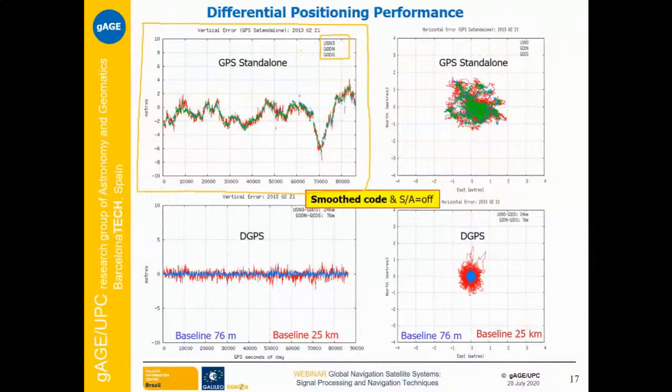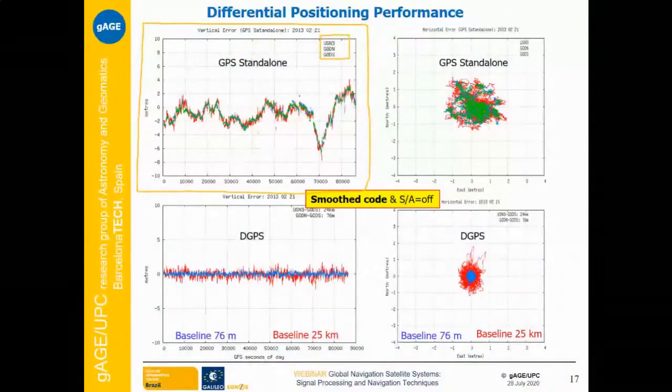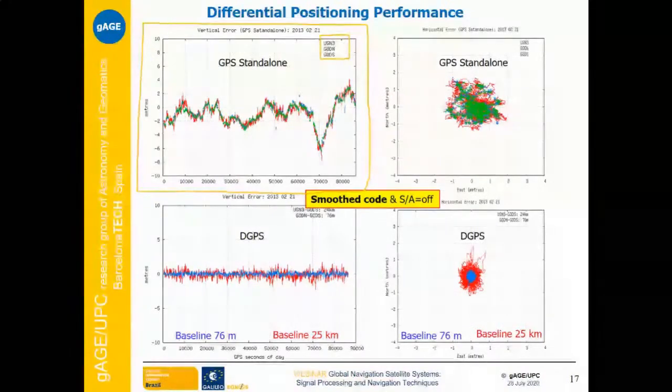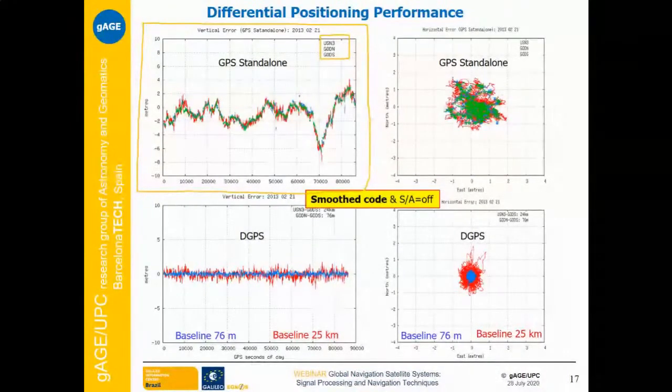They follow basically the same pattern along 24 hours of data. We can clearly see it in the vertical. Also, it's not that clear in the horizontal, but the patterns are common.